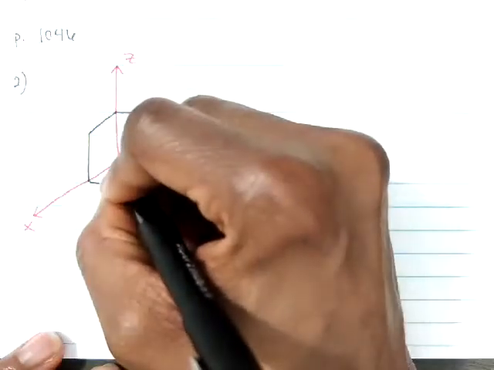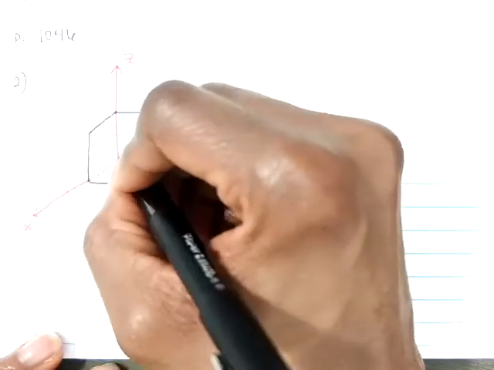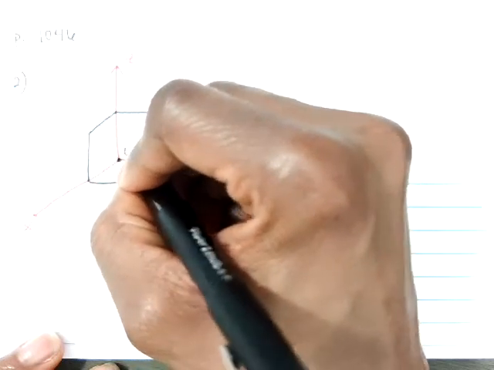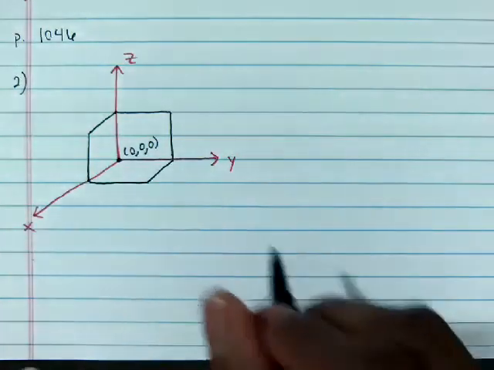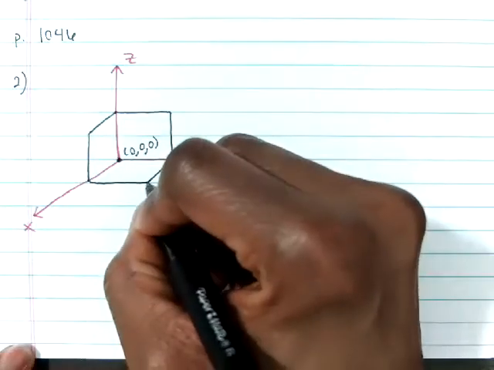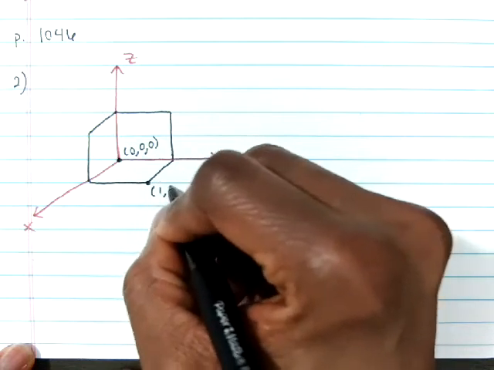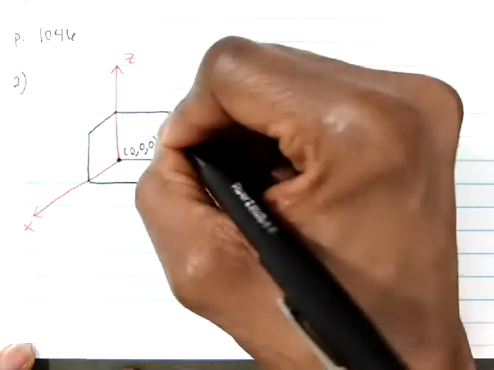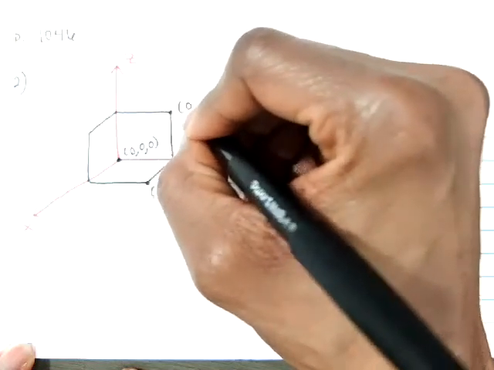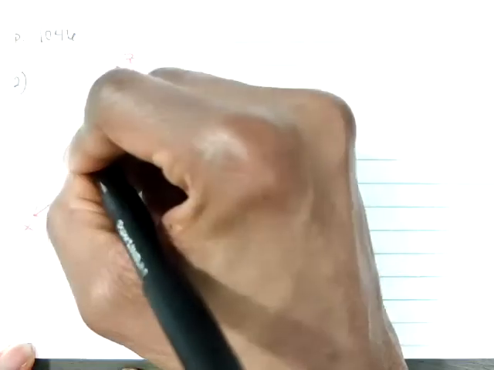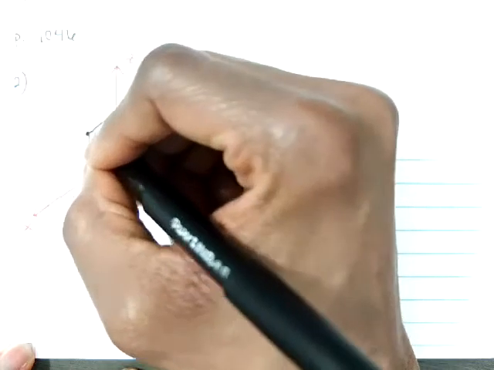I'll just specify how this is set up. The origin is one of the points on the surface, and then we'll label a couple of these other points. So this is 1, 1, 0. This is the point 0, 1, 1. And this right here is the point 1, 0, 1.